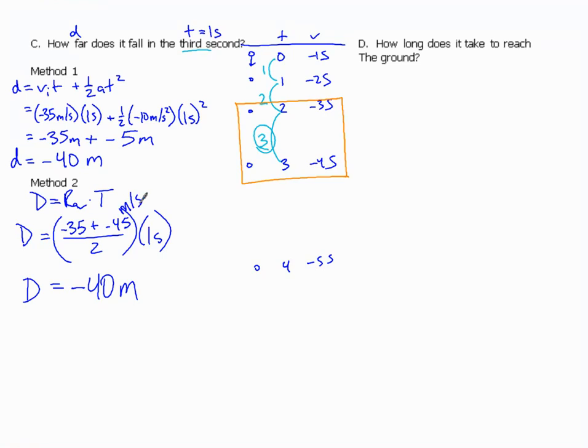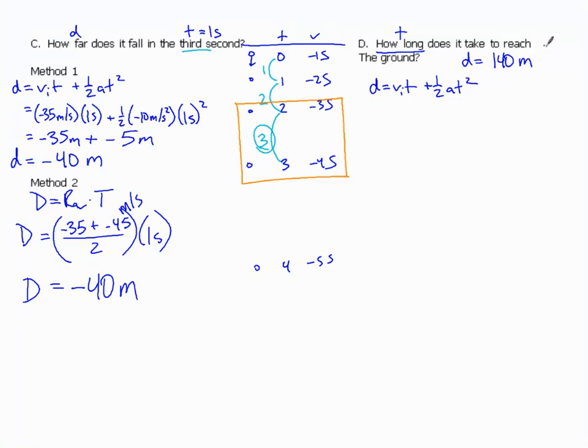How long does it take to reach the ground? How long, that's time, and to reach the ground, we're talking about really the height of the building. So the distance equals 140 meters. So our formula that relates distance and time, and plugging in some numbers.